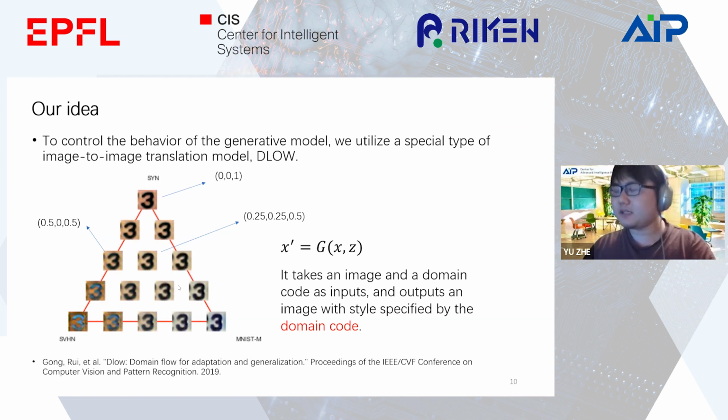In the left figures, we show several samples of the domain codes. These figures all take the same X as input, but you can see by utilizing different domain codes, the style of the images can be very different.